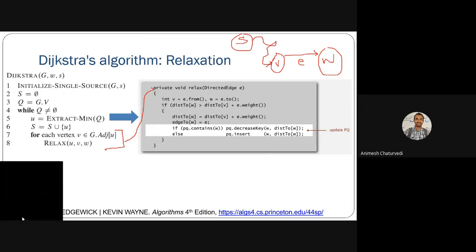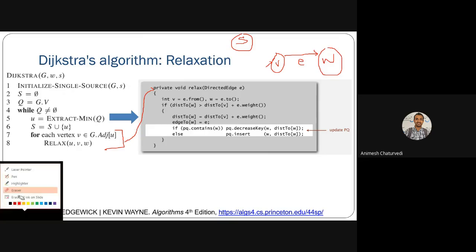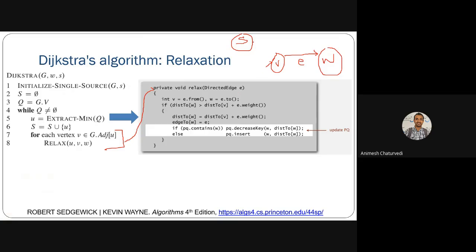There should not be any cycle possible, so you have to remove the cycle. So there was some path to reach v, and you are finding whether the distance to reach w was smaller or not.